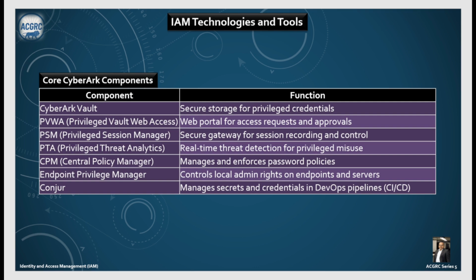It also has Central Policy Manager, which manages and enforces password policies. It has Endpoint Privilege Manager, which controls local admin rights on endpoints and servers. And it has Conjur, which manages secrets and credentials in DevOps pipelines.